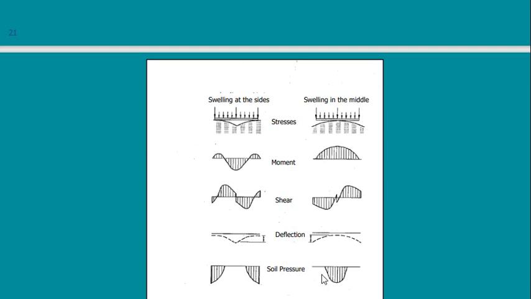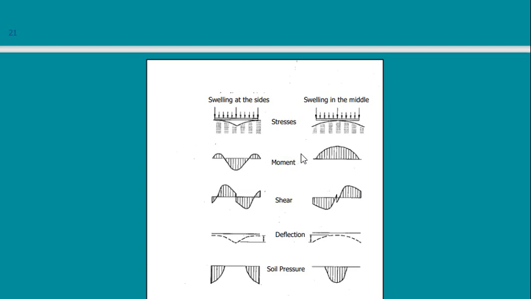This is how the raft will behave in case I have expansive soil locally at one location below the raft, and the raft is very big and heavy and it can carry it, but I will have to put extra reinforcement at the top layer of the raft. In the opposite case, if the opposite happens, then I need to put extra reinforcement at the bottom of the raft, and maybe negative reinforcement at the sides, all around the sides of the raft, and so on.